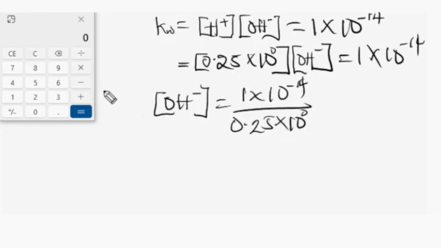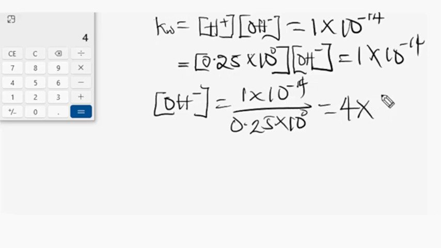So guys, if we do 1 over 0.25, we're going to have 4. So let's go ahead and write it here, 4, times 10 to the power of what? So guys, having 10 to the power of negative 14 divided by 10 to the power of 0, and that's 14 minus 0, which is simply 14.